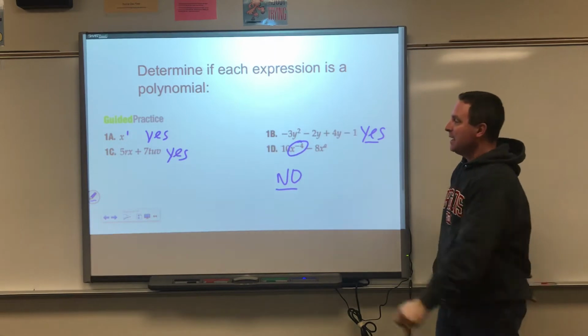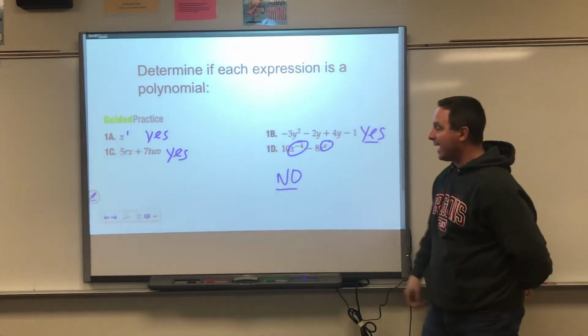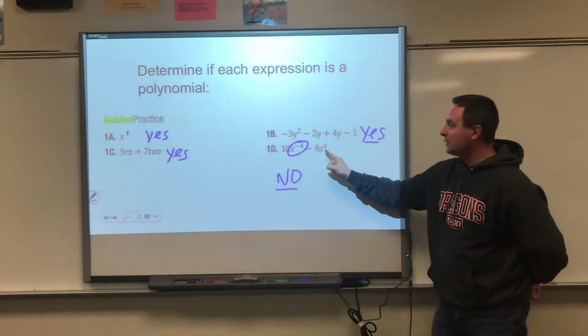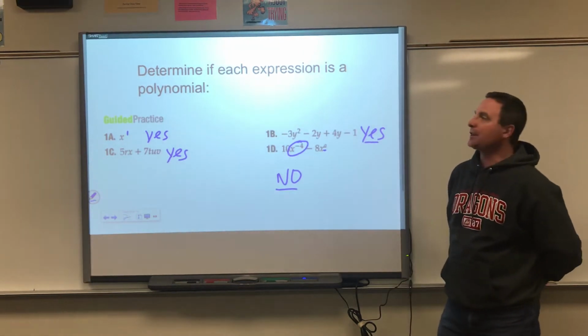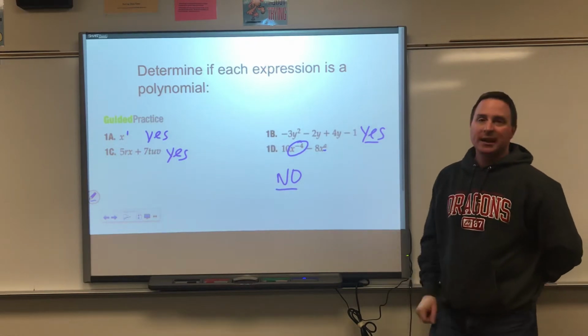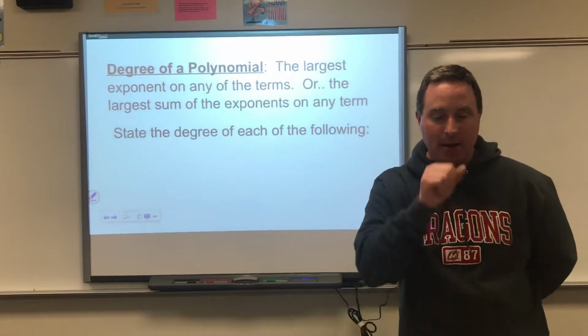Can't have that. And also right here, it has a variable as an exponent. That's an x, negative 8x to the a power. The x is okay, but it's a little a up there that's not okay. And so one of the things you'll be doing is determining whether or not it is a polynomial. No fancy math to do, just using the definitions that we talked about on the previous page.